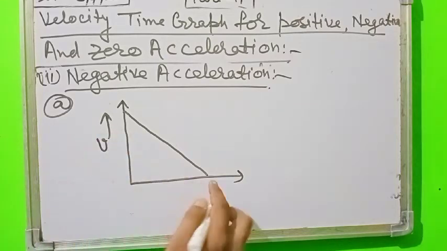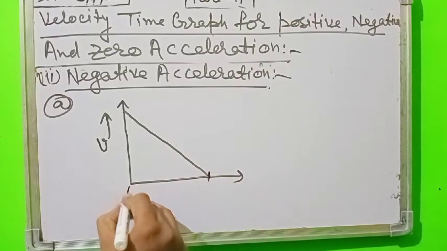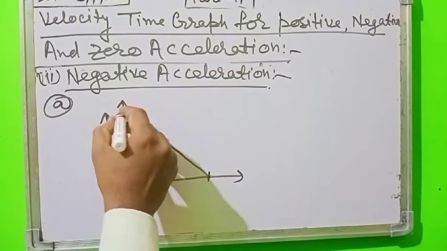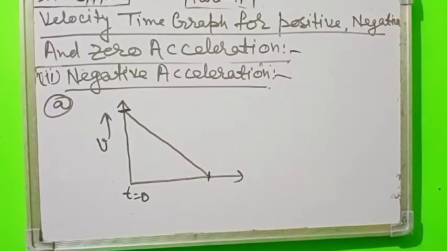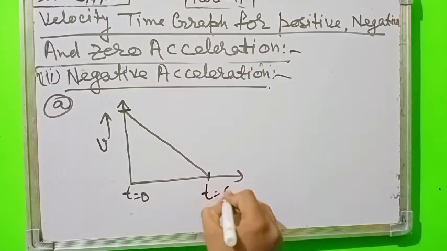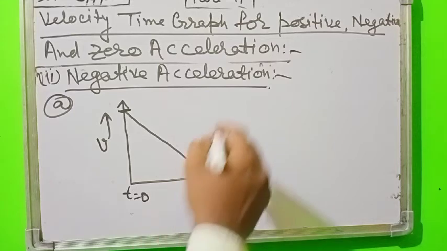And after decreasing, at a certain time the velocity becomes 0. At t is equal to 0, the body has a certain velocity and it is decreasing linearly, means with a constant rate the velocity is decreasing, and at t is equal to 5 seconds the velocity becomes 0. So it has negative slope.